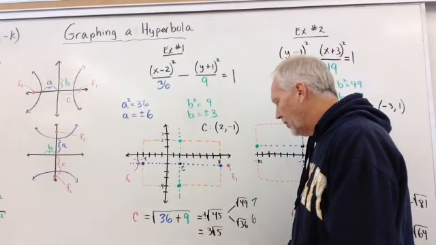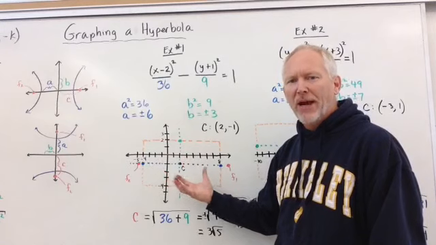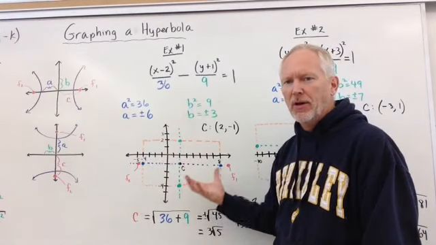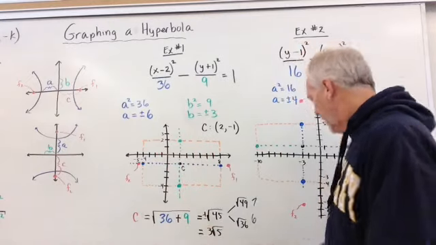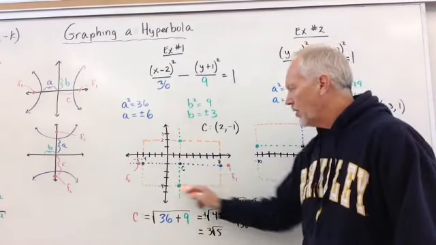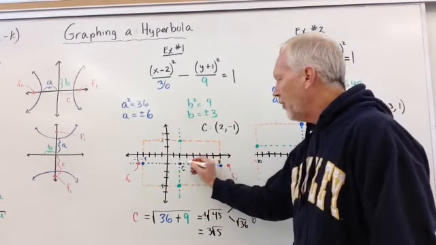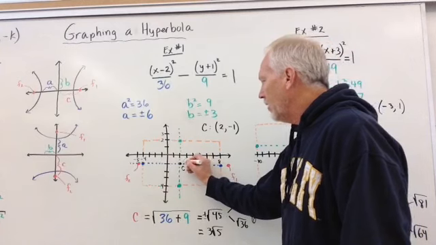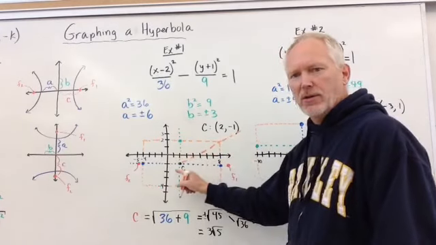And now what I need to do is actually graph the branches of the hyperbola. So this is why we set this box up. We drew this in orange, so here's our box. And what I'll basically do is go from the center and make a new dashed line through each of the corners.